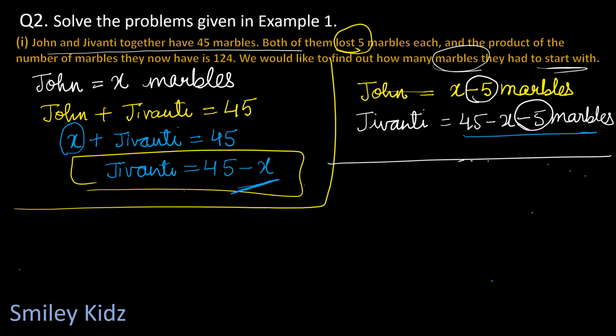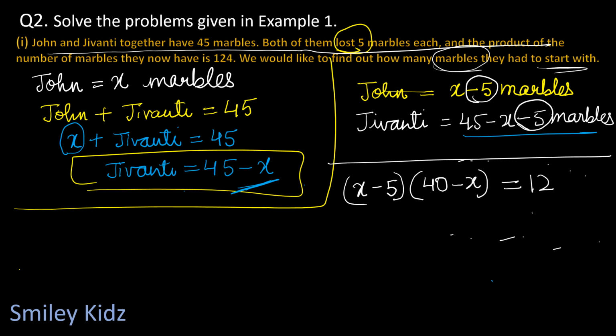Now it has been said that both of them lost 5 marbles each, and the product of the number of marbles they now have is 124. That means x minus 5 multiplied with 40 minus x equals 124. Now where did this 40 minus x come from?